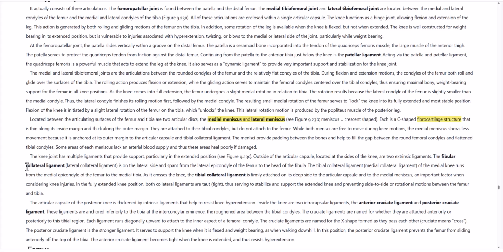On the sides, there are two collateral ligaments. There is a lateral collateral ligament, and there's also a medial collateral ligament. You'll see these oftentimes called the fibular ligament and the tibial collateral ligaments as well.